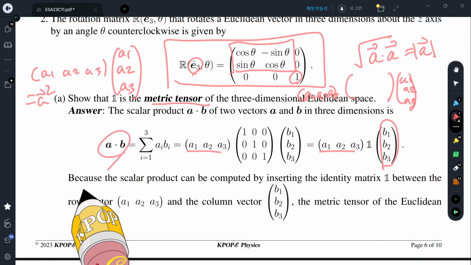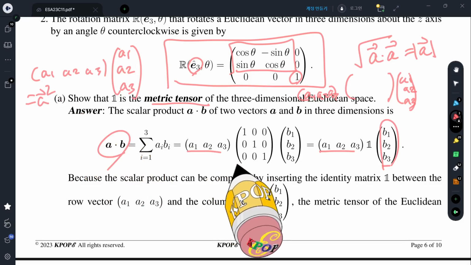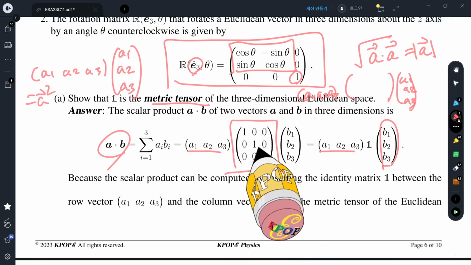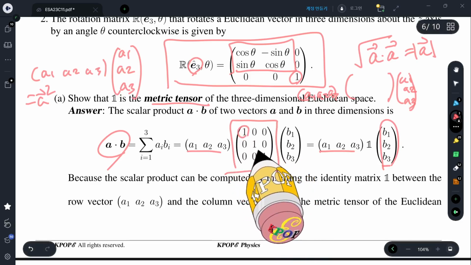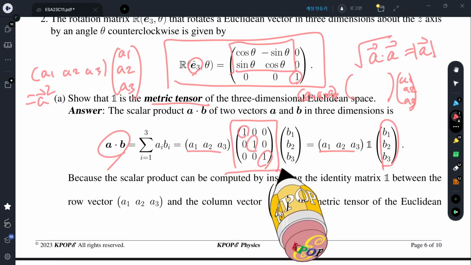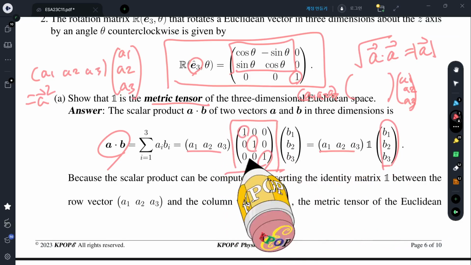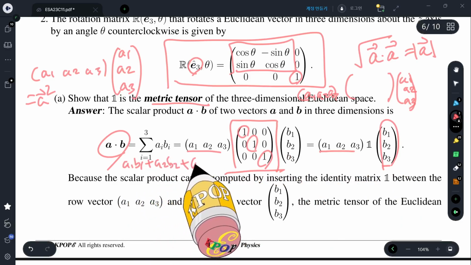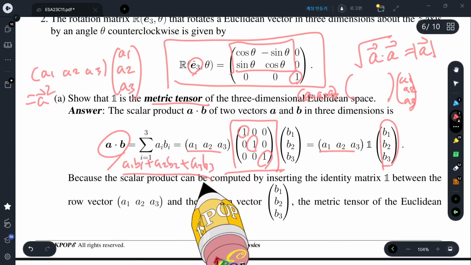By the way, we can insert this strange matrix that is all vanishing except for the diagonal components. If I insert this matrix, the result is the same. That is A1 B1, A2 B2, A3 B3, and sum them all.